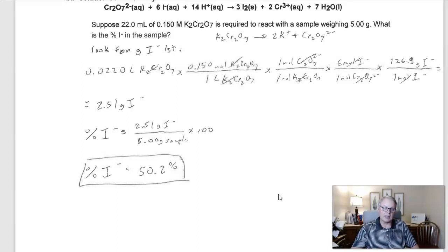Of course, if you've got the molar mass, you can get the molecular formula, and so on and so forth. All right, but at least this tells you exactly how much I minus is in there. Nobody knows what the rest of the stuff is, and of course, no one's going to ask you, given this equation right here. But that's pretty much how it works.